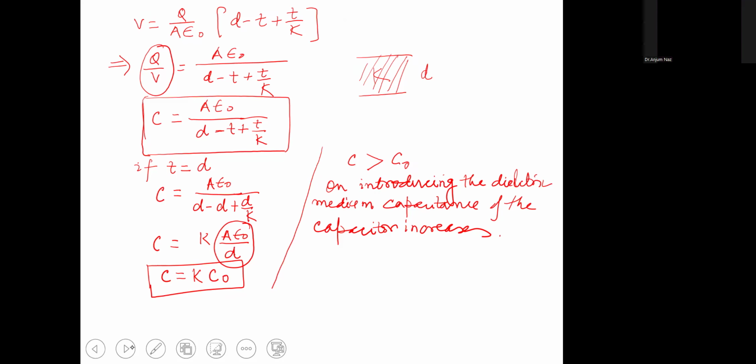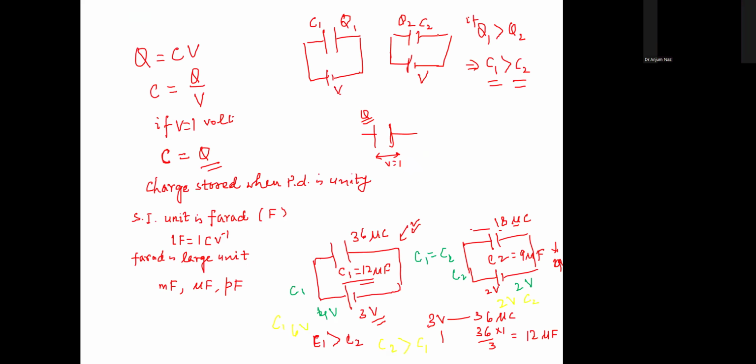Let us see what happens to the capacitance of the capacitor if a conducting plate of thickness t is introduced between the plates of the capacitor.